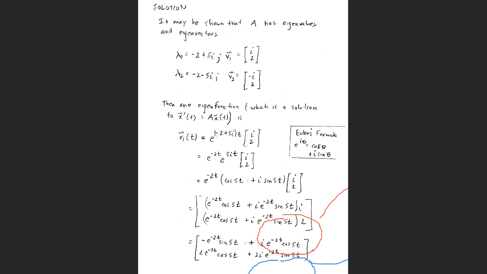So it turns out that e to the 5it, by Euler's formula, equals cosine 5t plus i times the sine of 5t. And what we can do is take the cosine of 5t plus i times the sine of 5t. That's a complex function, but we're going to multiply it through the vector with components i and 2.